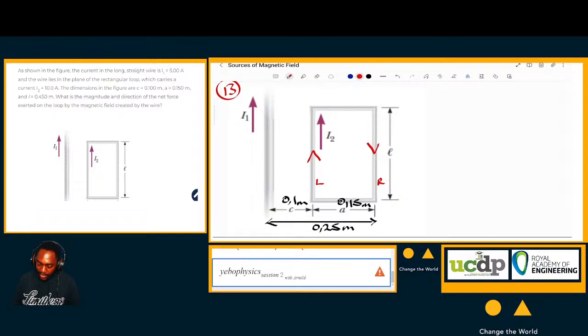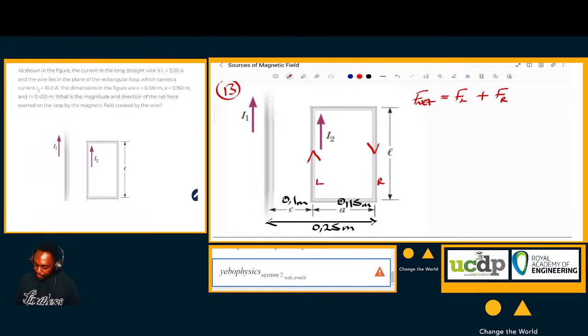So if you are to come up with an equation, your F net will be equal to the force due to the left side of the loop plus the force due to the right side of the loop.